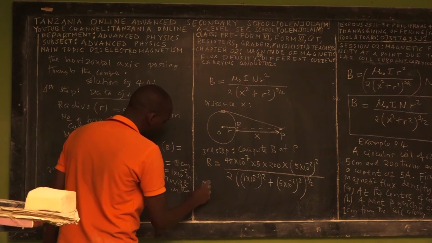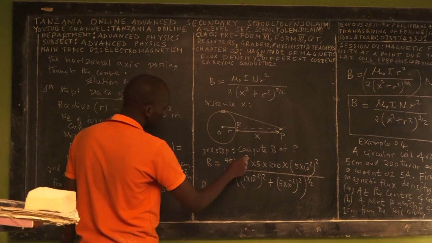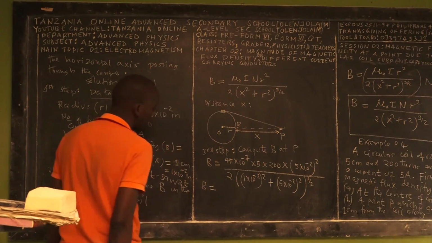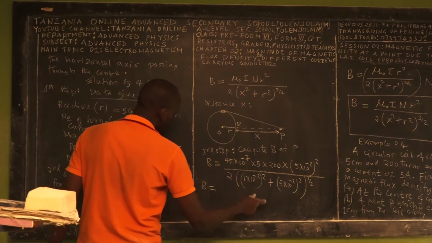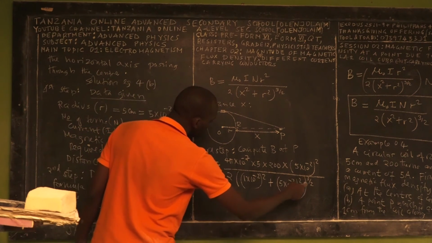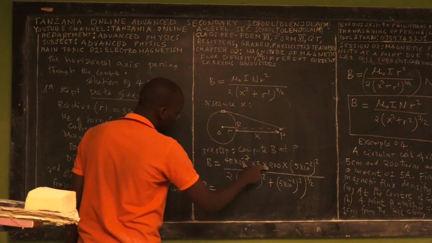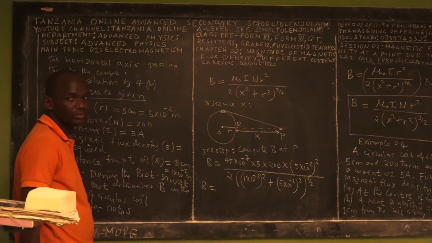So the magnetic flux density is equal to what? You just have to use a scientific calculator. But remember that if you take this square plus this square, you sum them, then you have to raise to the power 3 over 2. So you take denominator over numerator.